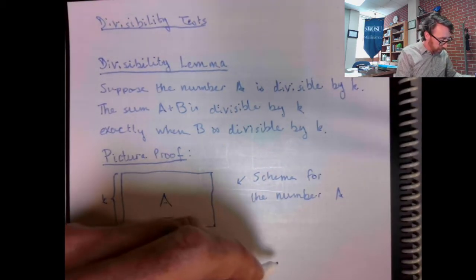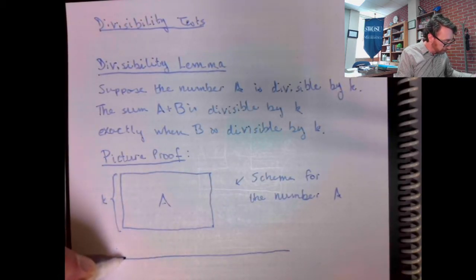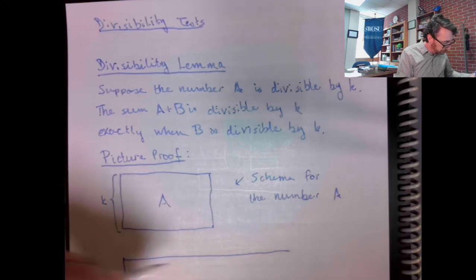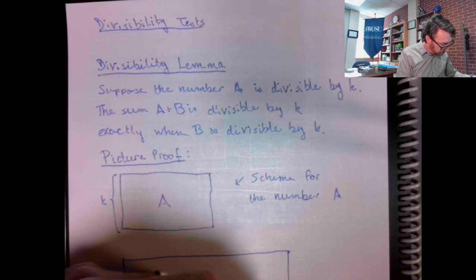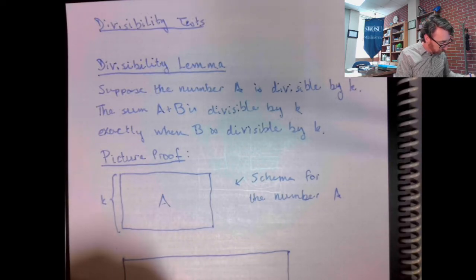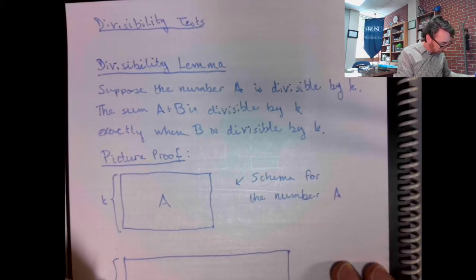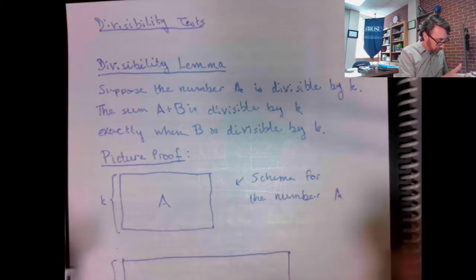If I have a big total here, and the big total here is a plus b, that's the entirety. The sum is divisible by k.